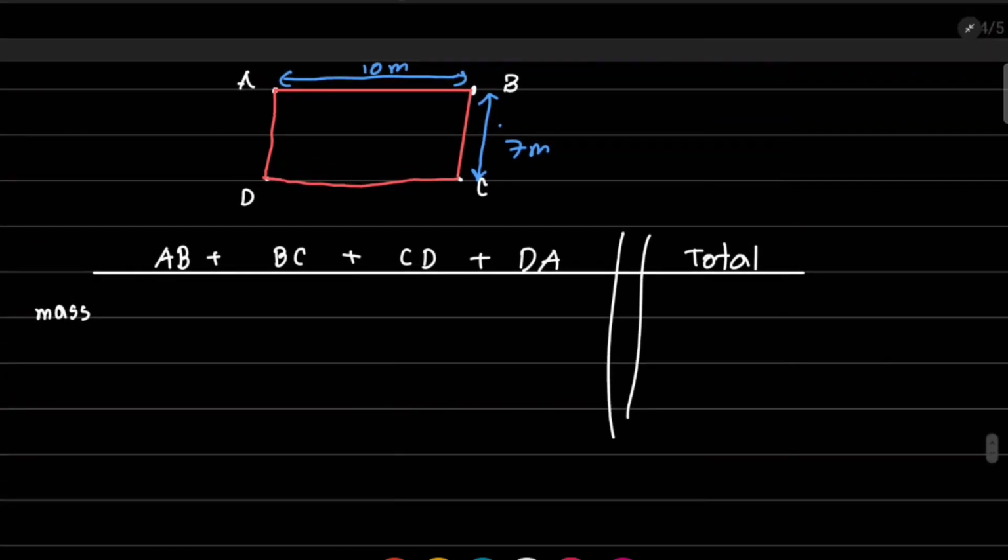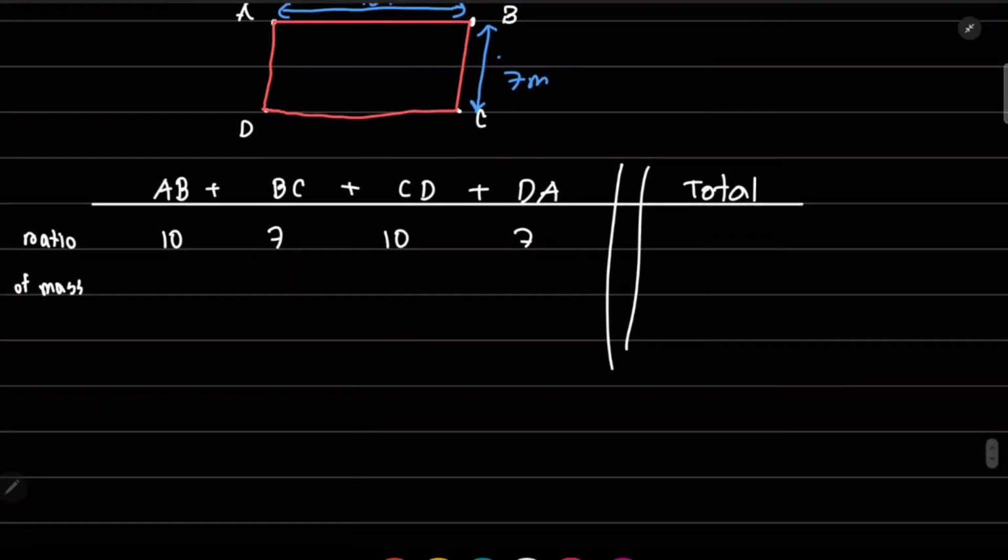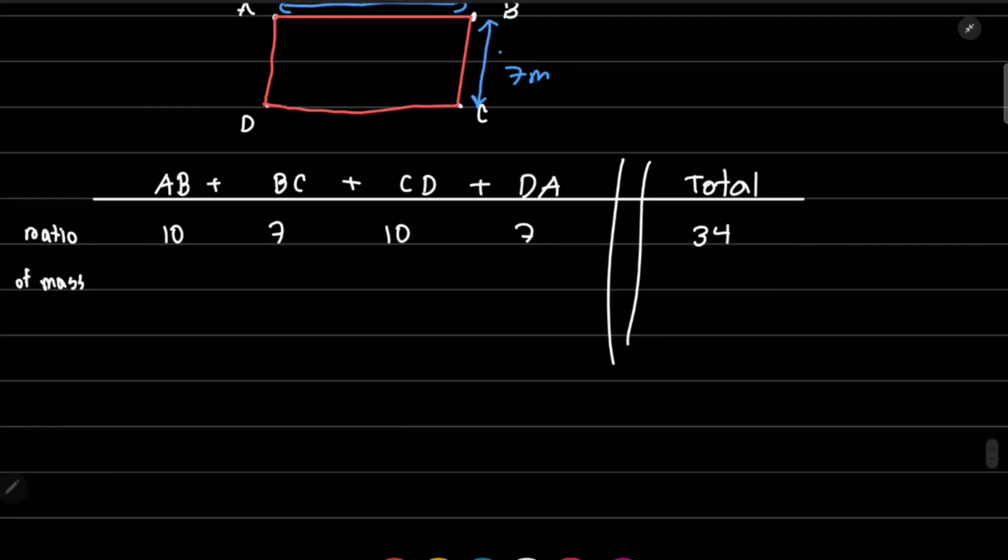So now the mass ratio will be equal to the ratio of length. So AB has 10, BC has 7, CD will again have 10, DA will again have 7. The total will be 10 plus 7 plus 10 plus 7, which is 34. This is the total mass.